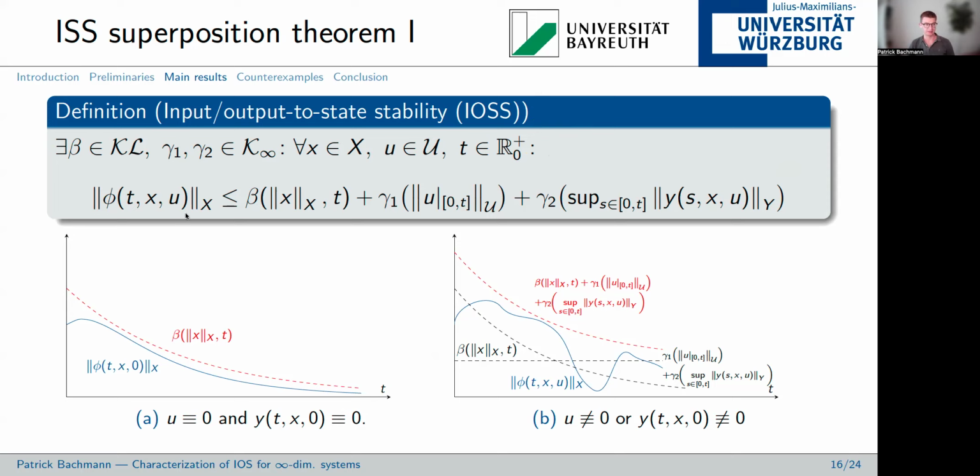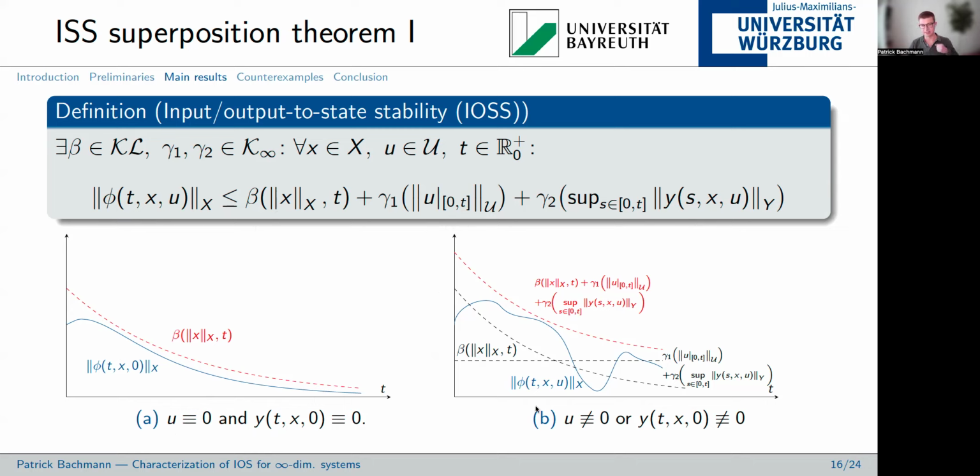So instead of bounding in IOS, where we bounded the output in terms of the initial state and the input, here we bound the trajectory, so the state, by again the initial state and the past inputs, but also in terms of the output. So what does this mean? Basically, when we put the input and the output to zero, so this is the zero dynamics, then the state is converging to zero.